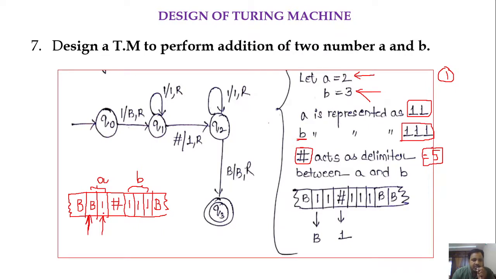I am repeating once again: starting with the first one in state q naught, replace that input 1 with a blank and move the head towards the right.